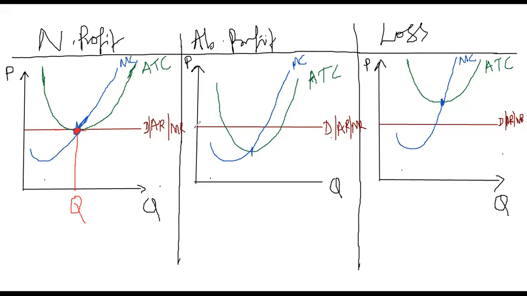In the abnormal profit diagram, this is MR. The MC curve cuts the MR here. So here MR equals MC, and this is the quantity.